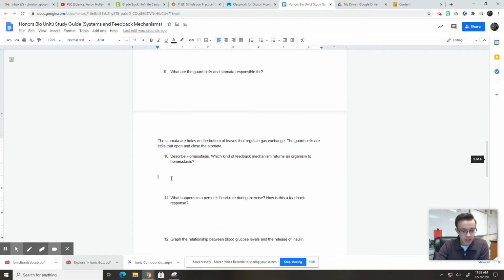Okay. Number 10, describe homeostasis. What kind of feedback mechanisms return an organism to homeostasis? So homeostasis, think of it as internal balance in the body. You've got all these different levels, like blood sugar, blood pressure, heart rate, breathing rate.